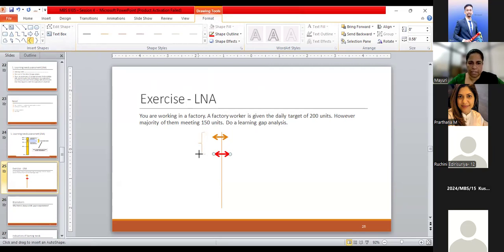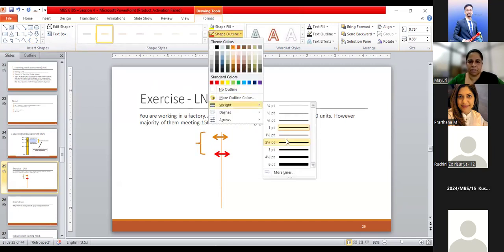ඔගොල්ලෝ label කරගන්න, මට අමාරු පුතේ මේක ලියන්න. Learning gap එක. So this is the learning gap. Right?